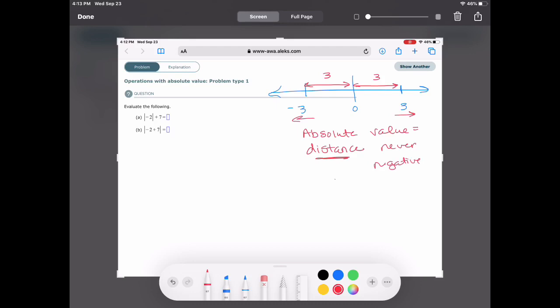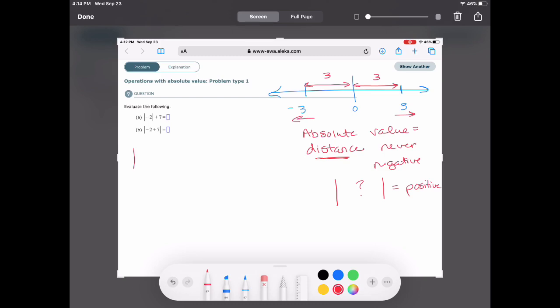So the absolute value signs, these little lines, whatever is in here, we're just going to write as a positive, because we just want the absolute distance. So let's see how we work these problems.